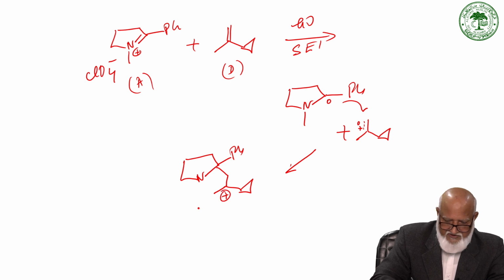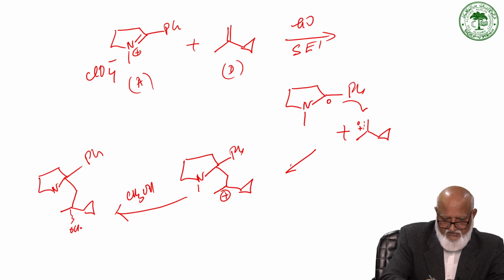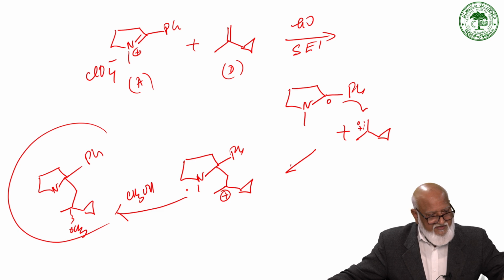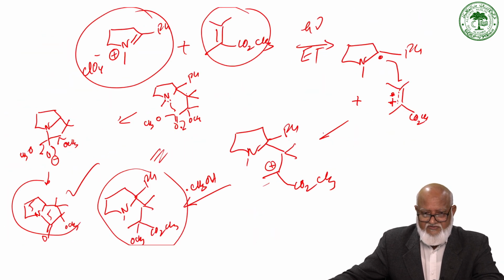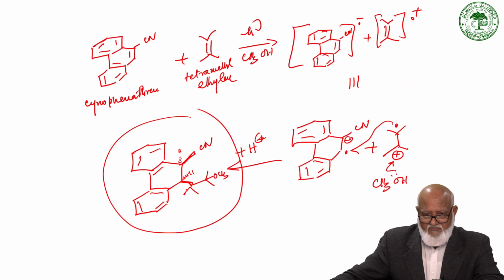A positive charge might be trapped with methanol, giving rise to, of course, we have a substituent here, Ph, OCH3.